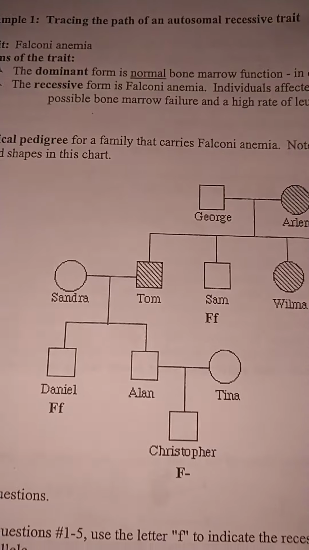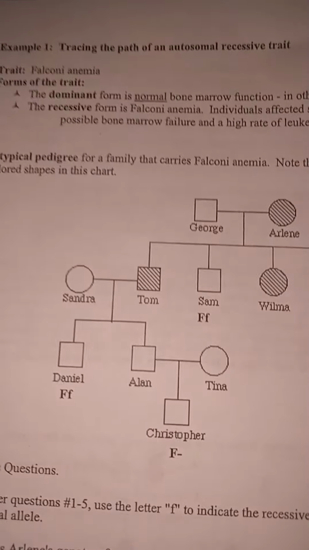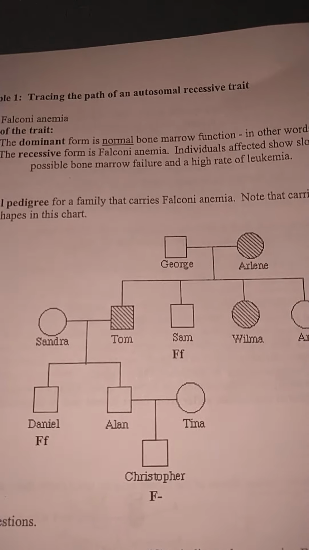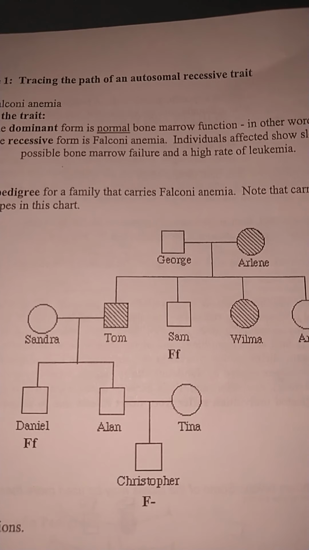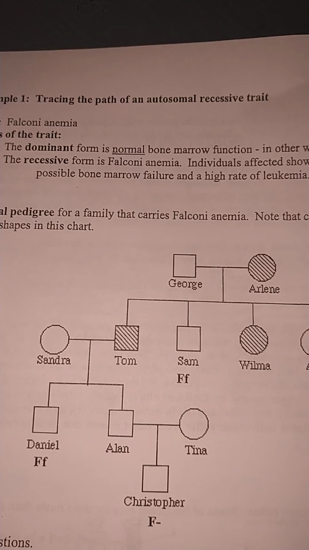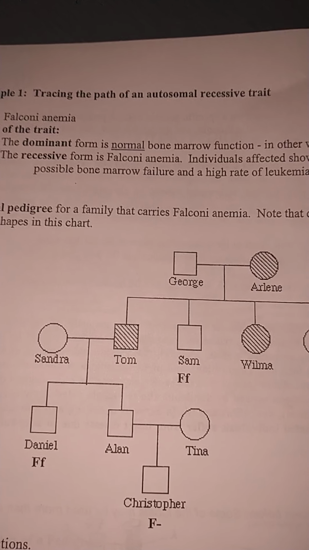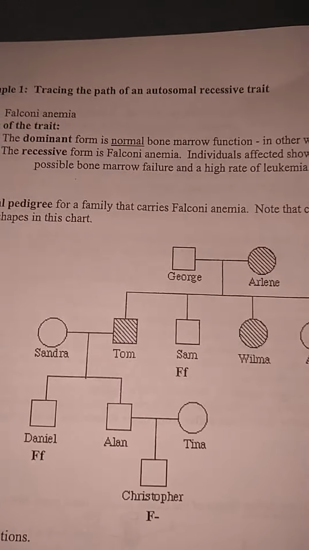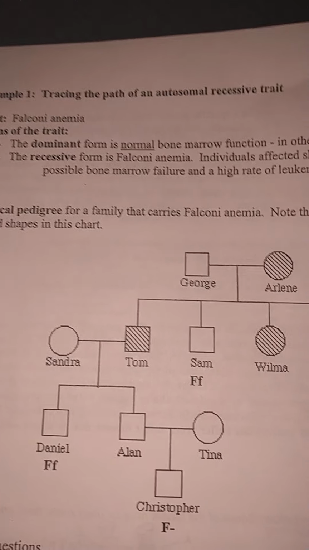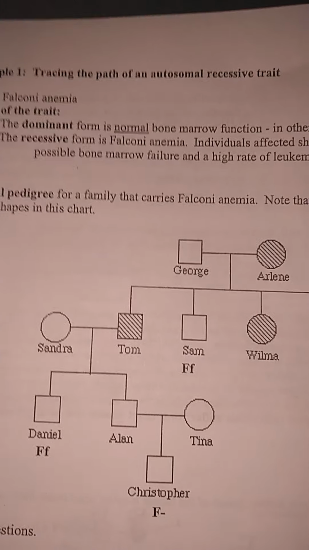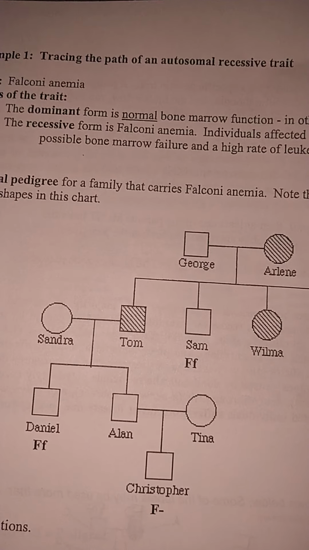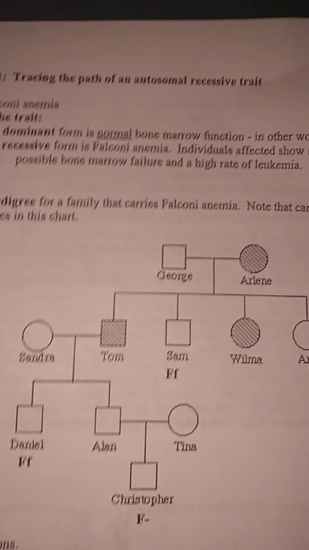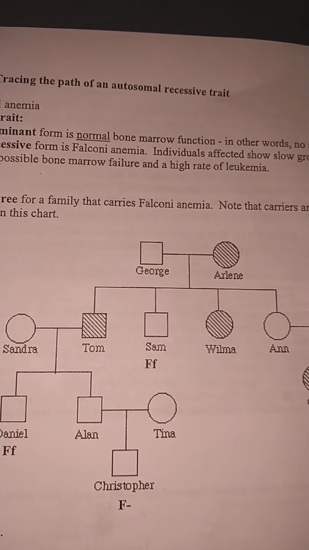Okay, so Fanconi's anemia. The dominant form is normal bone marrow. Recessive is having the Fanconi anemia. So if someone's showing the trait, they're showing that recessive trait, then we know they have to be little letter, little letter.